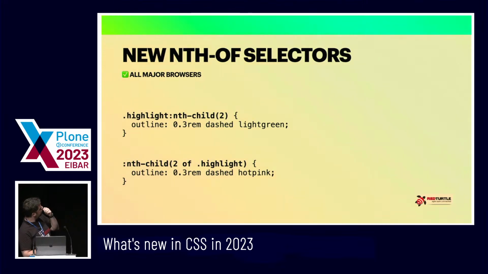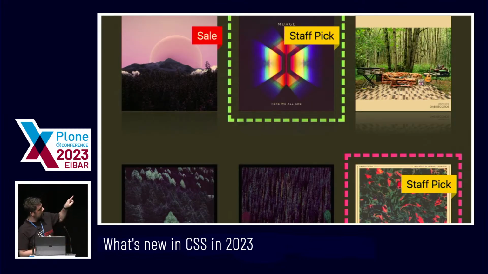So the first example is CSS that would select the second item of the list if it's highlighted. While the second example is, of the list of children, I want the ones that are highlighted, and I want the second one. So that's why you get the pink one to be actually the sixth child.